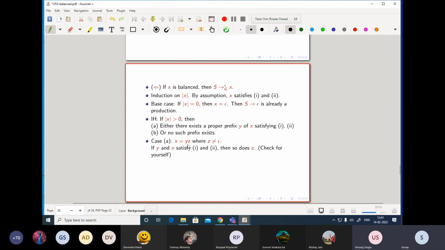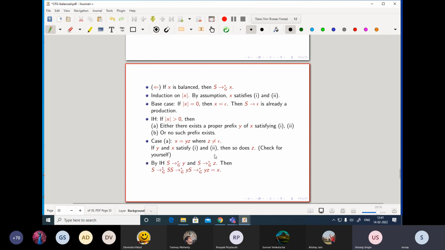So the first case is x is of the form yz. Z is not epsilon, not the empty string, because we are considering a proper prefix of x. If y satisfies 1 and 2 and x also satisfies 1 and 2, then it must be the case that z satisfies 1 and 2 as well. Please check this for yourself.